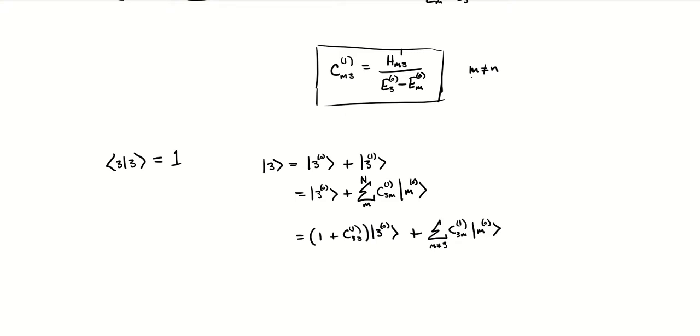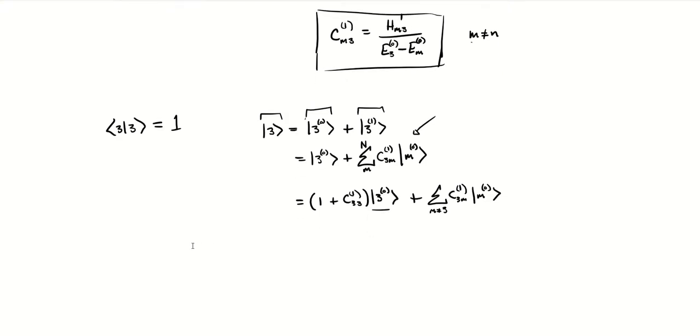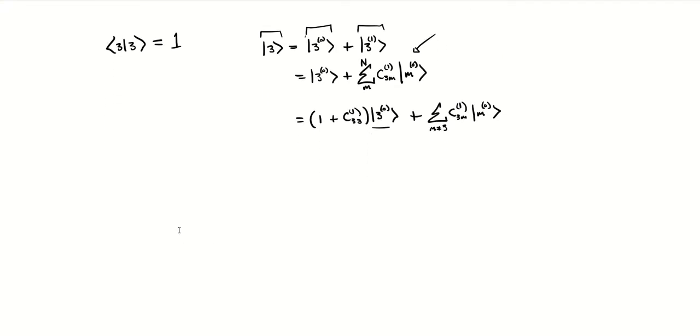So all we've done here is we've written our energy eigenstate in terms of our unperturbed state and first order correction. We've then written that first order correction as a linear combination of our unperturbed states, and then taken that n equals 3 state out of that sum, right? So nothing too complicated there, but that means if we take this inner product, well, what do we get?